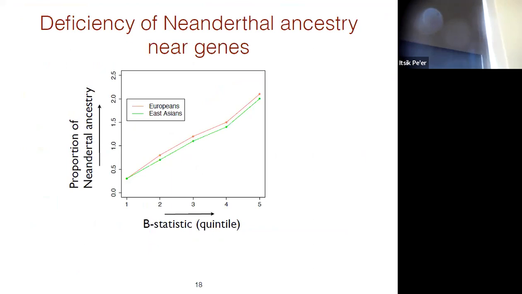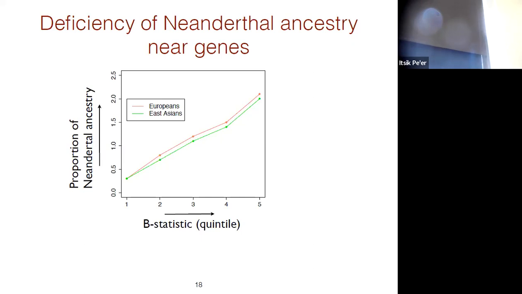Another way of looking at this is a quantitative approach where we can divide up the genome based on a quantity called the B statistic. The B statistic is a measure of background selection, a measure of functional constraint across different regions of the genome. And we can ask what happens to the Neanderthal ancestry as we move across values of the B statistic.